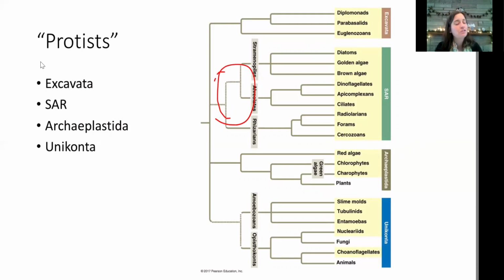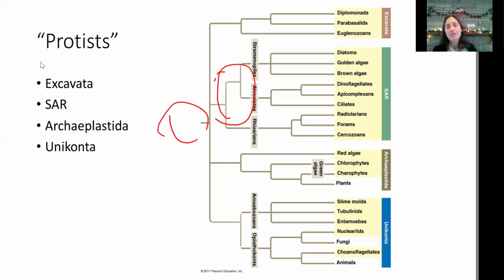That's because things are changing, we're not certain of things, and this is supposed to be showing common ancestors. This shows one common ancestor here for all the protists, and we don't necessarily know that that's true. They could be polyphyletic instead of monophyletic.